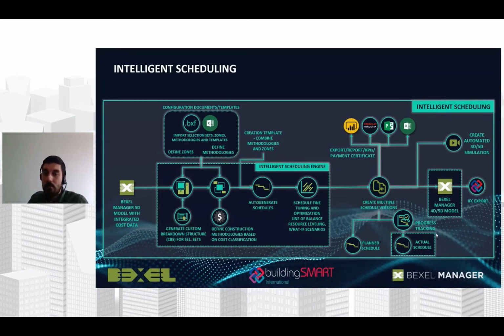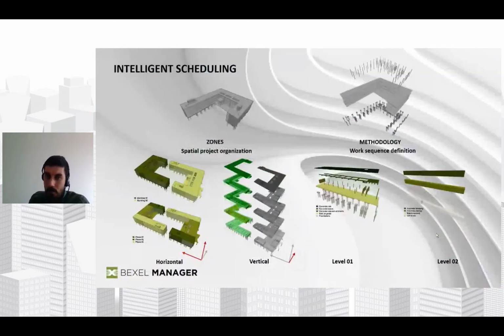And then you are able to fine-tune this schedule, to create multiple versions of this schedule, to use it in the future for progress tracking, to report KPIs, payment certificates from these schedules, and to create automated 4D and 5D simulations. So I will try to briefly explain how this whole system works.